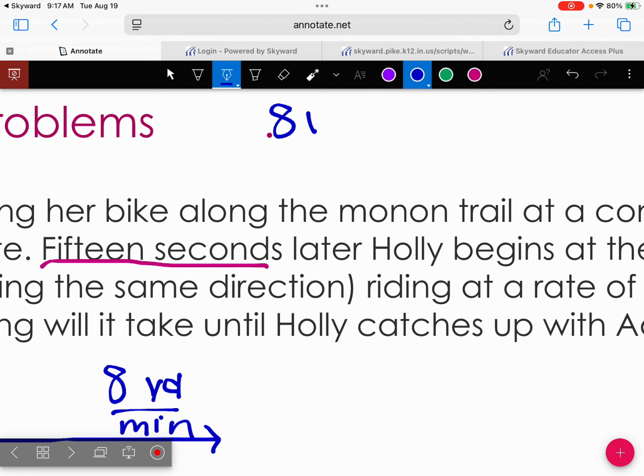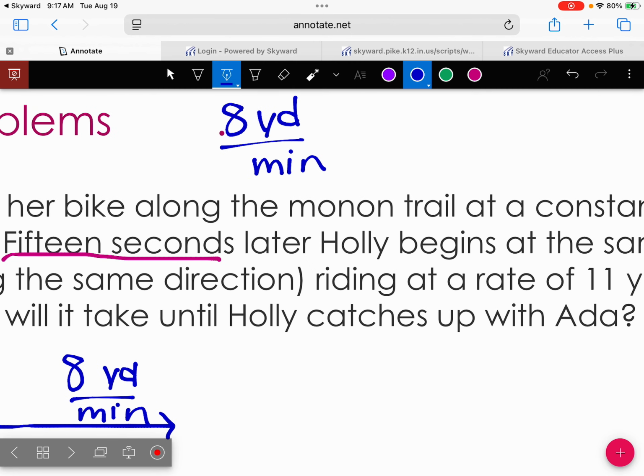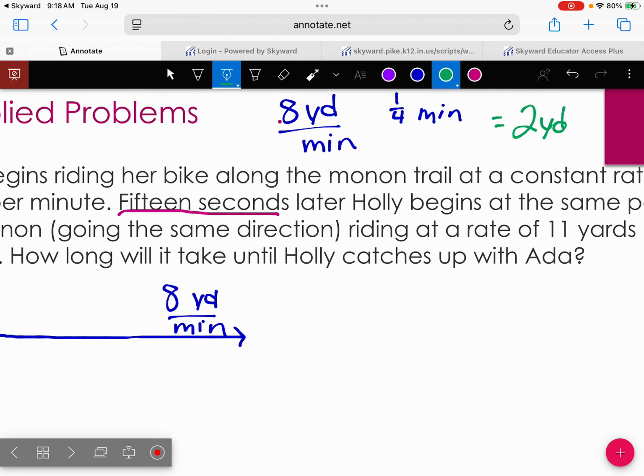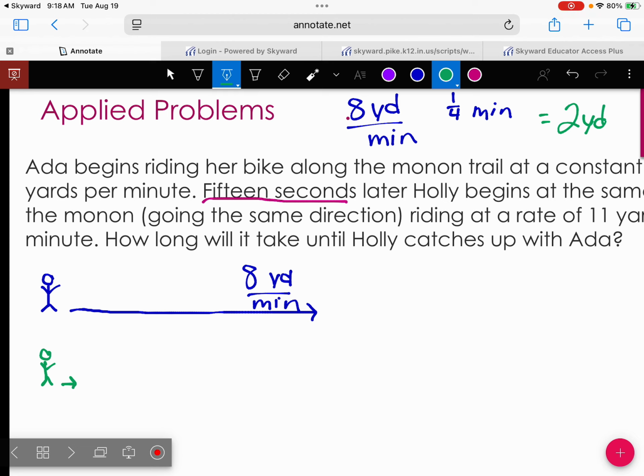So, 8 yards per minute, and she's going 1/4 of a minute. 8 times 1/4 gives us 2 yards. Yes, we see that? So instead of Ada actually starting at the same place as Holly, she's really starting 2 yards ahead.